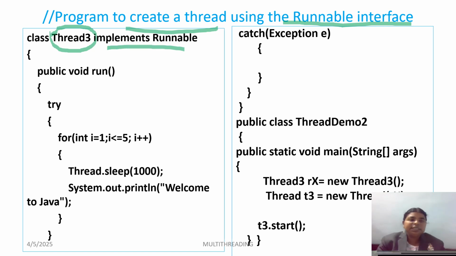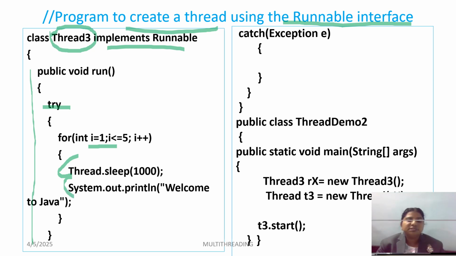We have inside it the run method, within which we have a try block and a catch block. The try block contains a set of statements to loop and to put the thread to wait for 1000 milliseconds and also display the message welcome to Java. The catch block handles any possible exception that occurs.